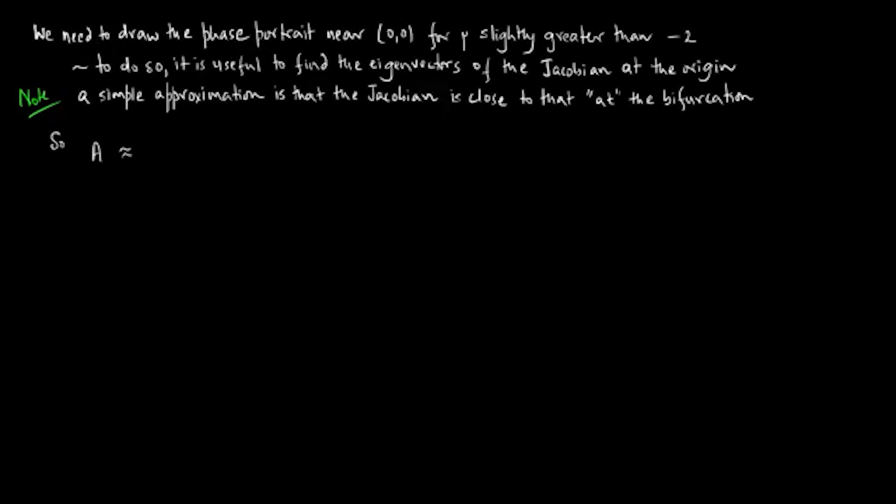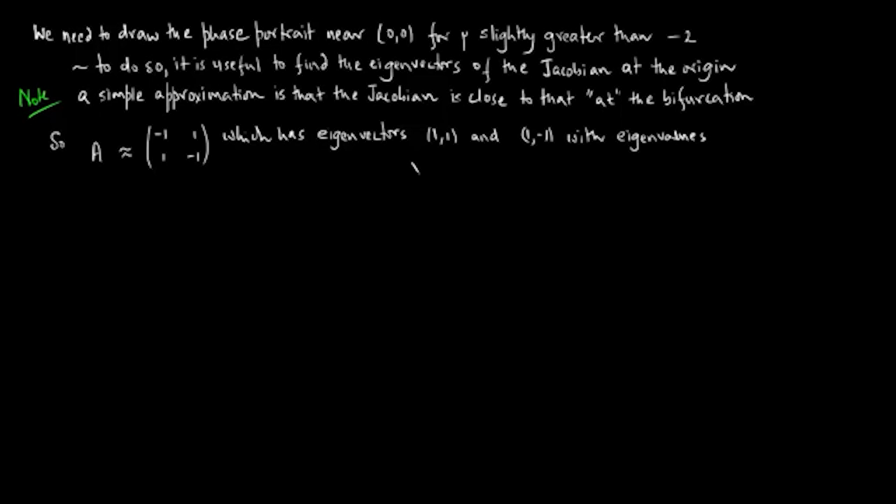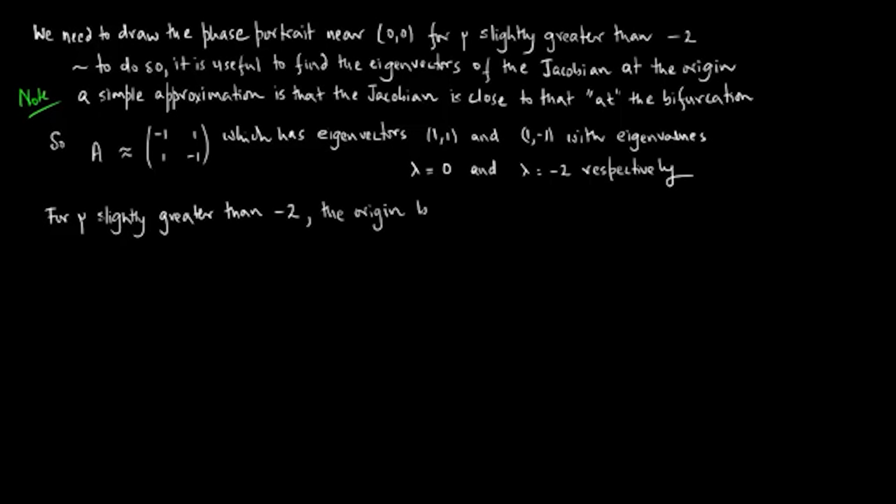So A is approximately [minus 1, 1; 1, minus 1], which has eigenvectors (1, 1) and (1, minus 1) with eigenvalues lambda is equal to 0 and lambda is equal to minus 2 respectively. For mu slightly greater than minus 2, the origin becomes a saddle, and so the 0 eigenvalue becomes slightly positive.